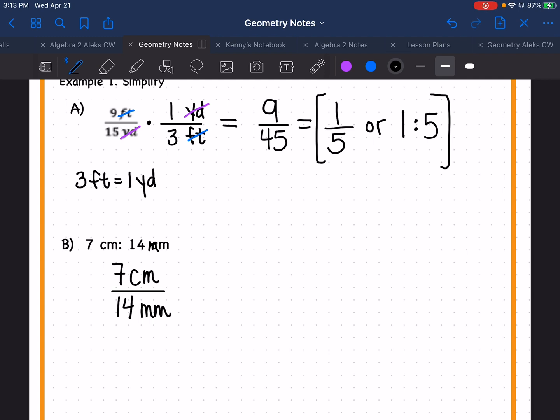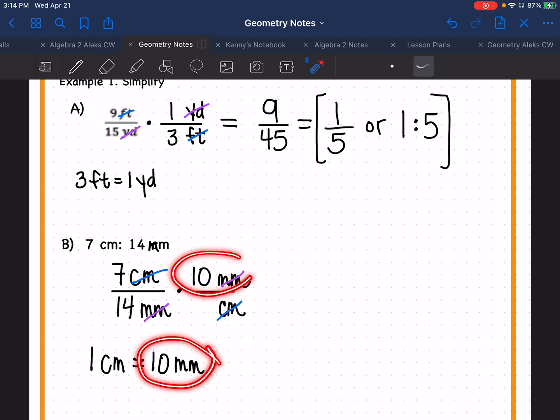All right, so I have to remember my rule, and it's 1 centimeter equals 10 millimeters. So once again, for centimeters to cancel out, they have to be one on top, one on bottom. So the centimeter has to go here so that they will cancel each other out. And then the millimeter has to go here so that they will cancel each other out. Since the millimeter has the number 10 down here, these two have to match.